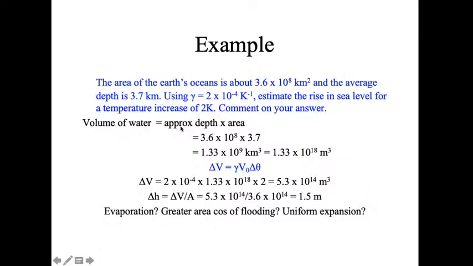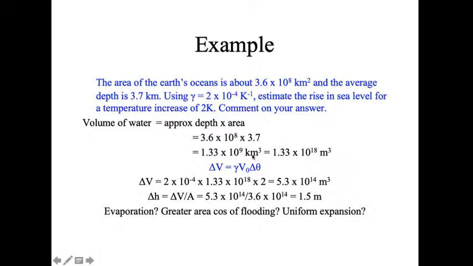So the volume of the water is our approximate area times our depth. We'll do it all in kilometers first. So 3.6 times 10 to the 8 kilometers squared times 3.7 kilometers gives us 1.33 times 10 to the 9 kilometers cubed, which is our volume.